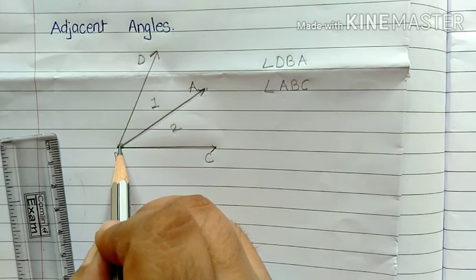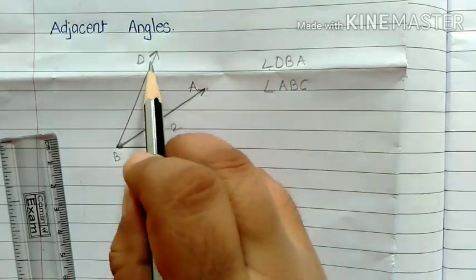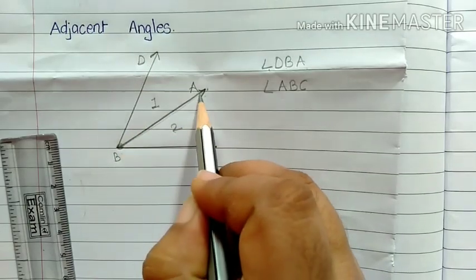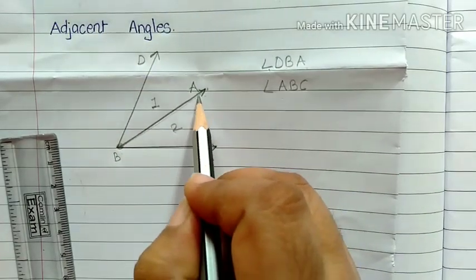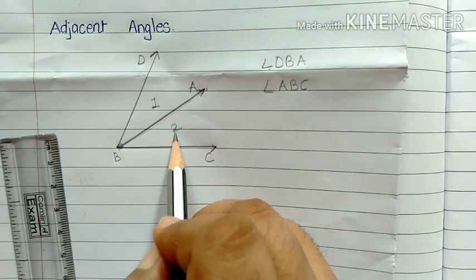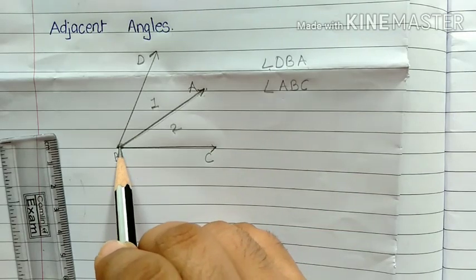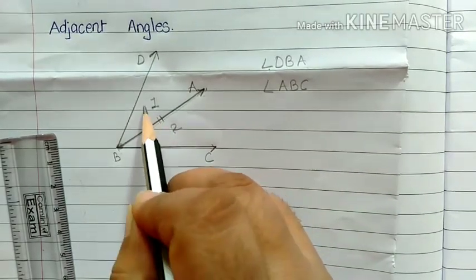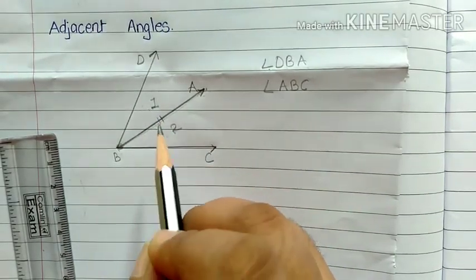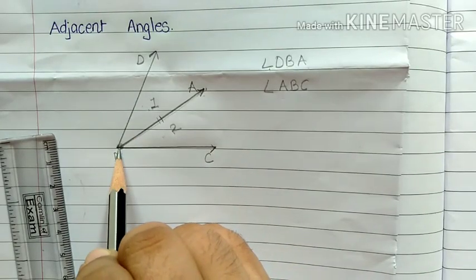Again, listen carefully. Angle DBA and angle ABC. For these two angles, ray AB is a common arm, and vertex B is common.